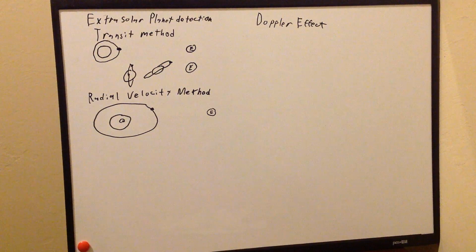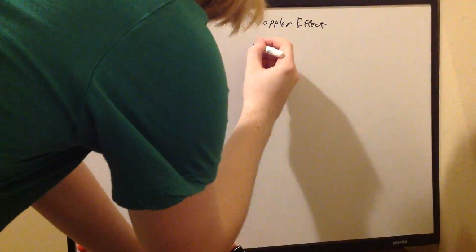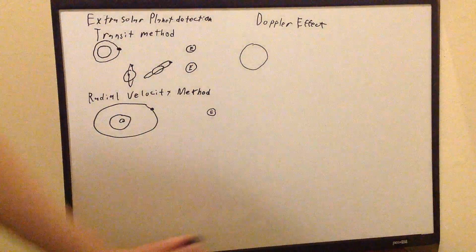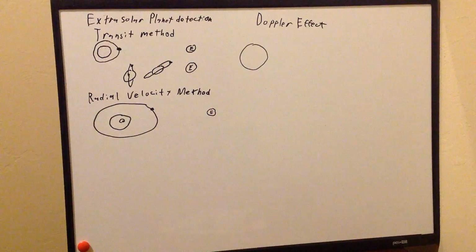In the case of the ambulance, it's happening to sound waves, but it can happen to light waves also. So here's generally how the Doppler effect works. Let's say we have a thing that emits a wave. It's a wave-emitting thing. The wave could be sound, it could be light, you know. I'm just keeping it general.